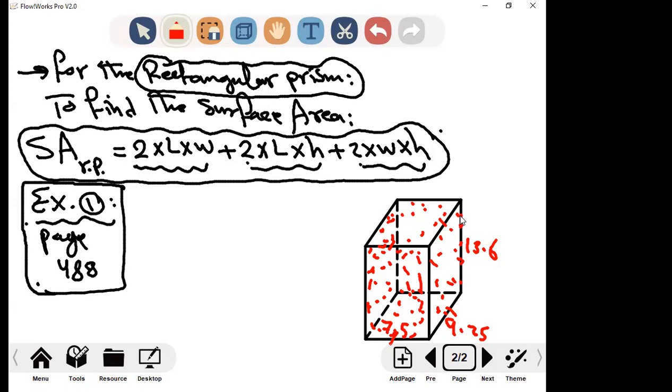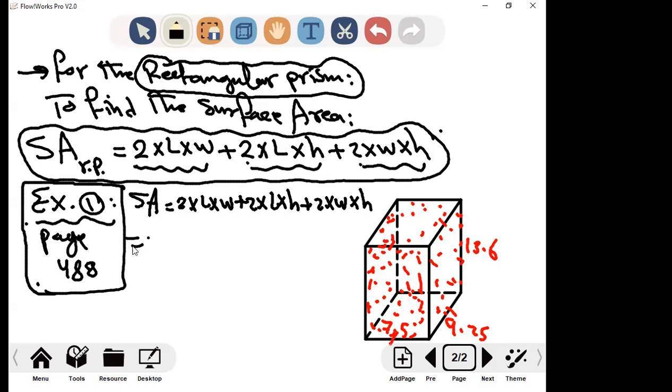What's the formula? Surface area equals 2 multiply length multiply width plus 2 multiply length multiply height plus 2 multiply width multiply height. Apply the formula only.